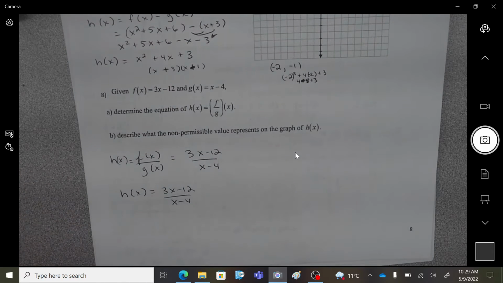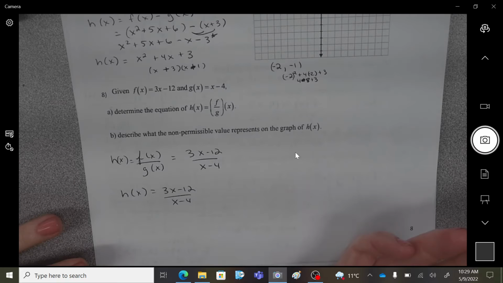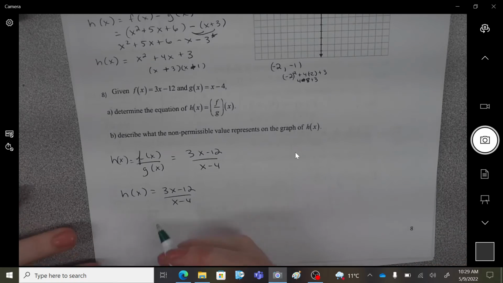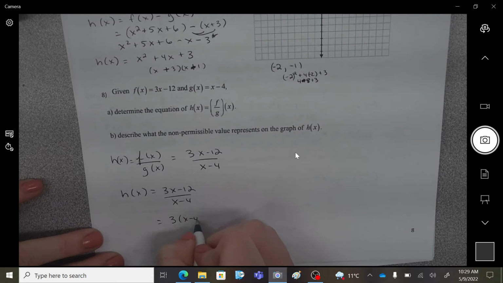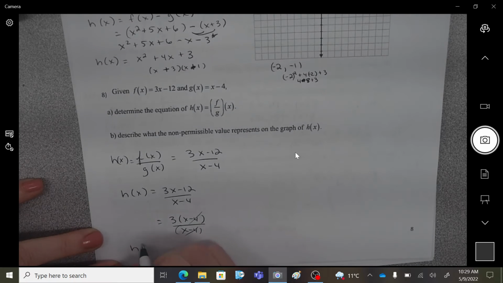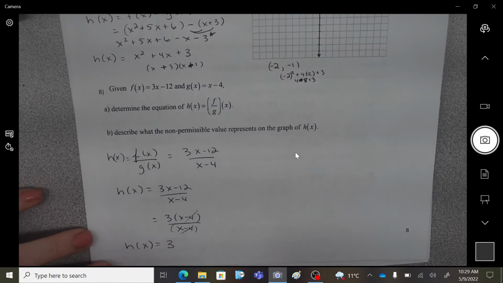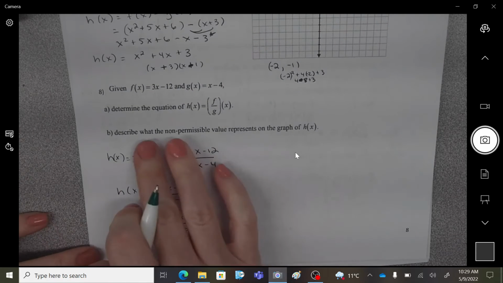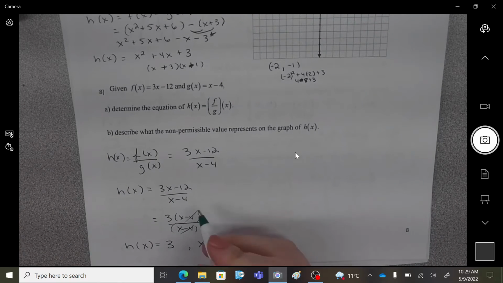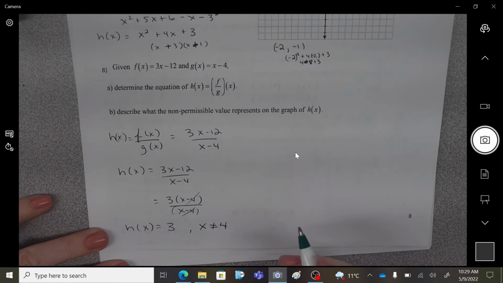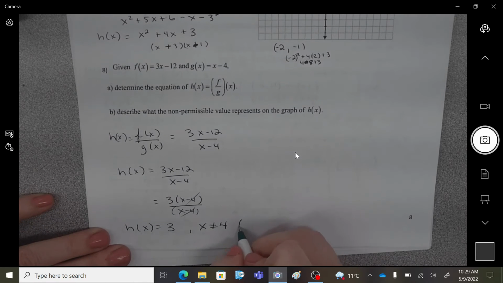So that could be an answer because it says just determine the equation. It doesn't say to simplify it, but I am going to simplify this. So factor GCF of 3 out, and then that would cancel, so I could also write that. And then let's talk about the non-permissible values. So x cannot equal 4. That's a non-permitted value. And since that was a cancel, it would be a hole in the graph.